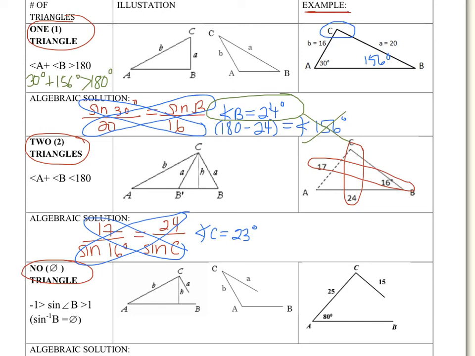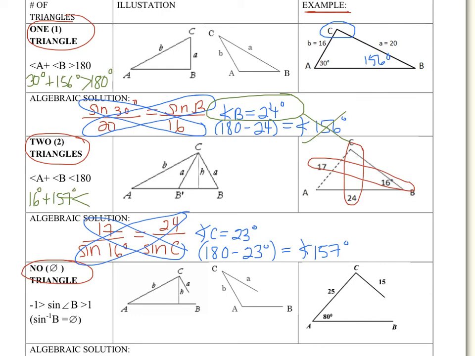So again, how do we know if angle C is in the first quadrant, a 23-degree angle, or if angle C is a reference angle and it's actually a 23-degree reference angle in the second quadrant, making angle C equal to 157 degrees? Well, let's check. What would happen if our original angle, angle A, which was 16 degrees, was added to a 157-degree angle? Do those two things add up to 180?